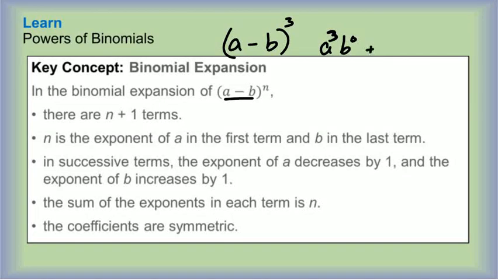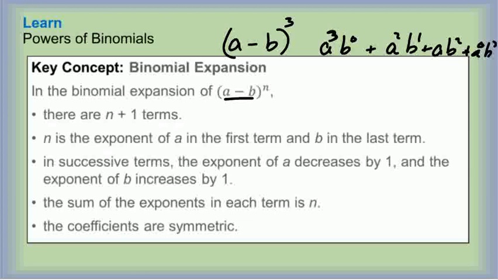The next one would be a squared b to the first, then plus a b squared, and then the last one would be a to the 0 b to the third.